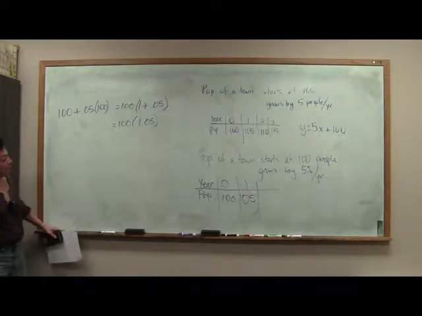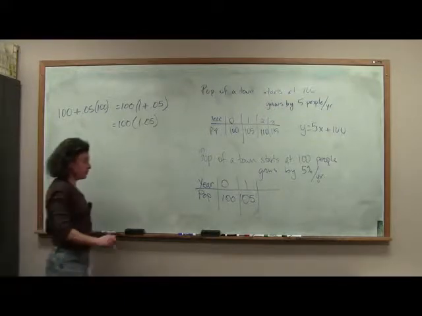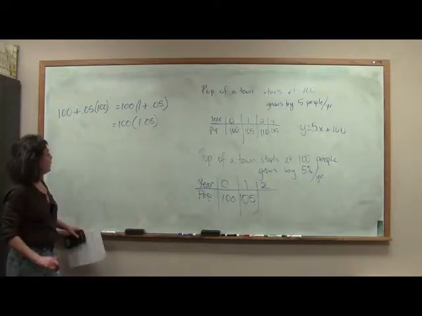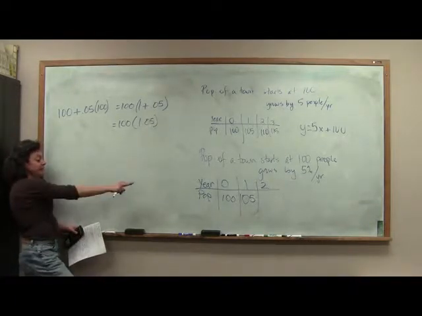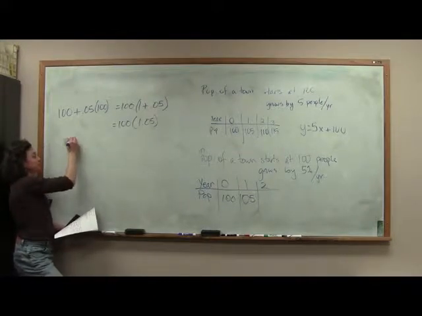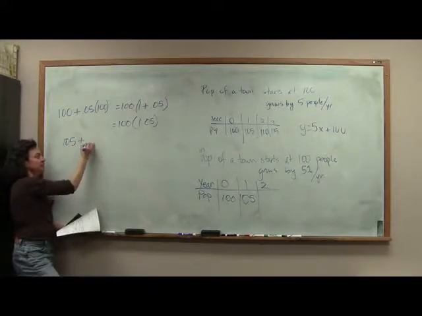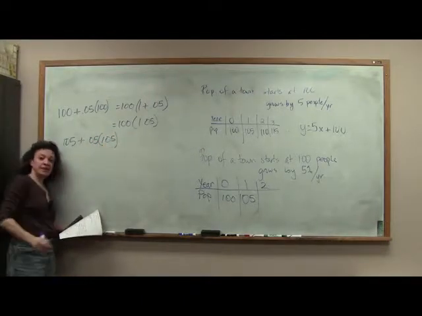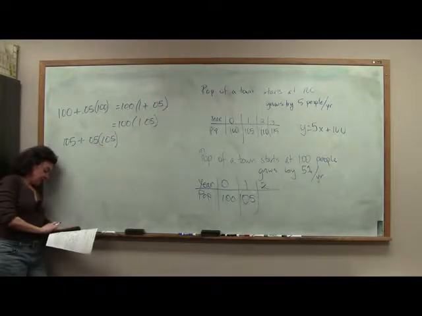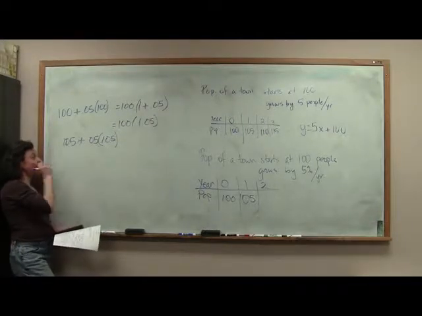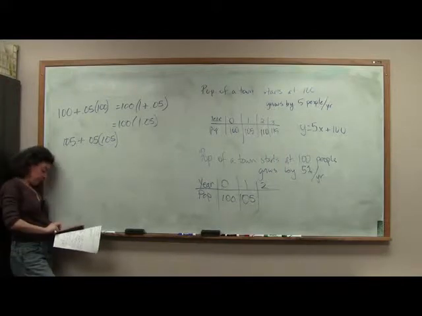Okay? Now, a year later, suppose we want to know what happens in year 2. Well, don't we take that population of 105 and then it's increasing by 5% of that 105. So do you see how we're taking now 5% of a different number?